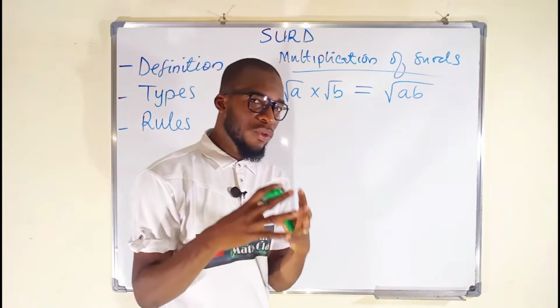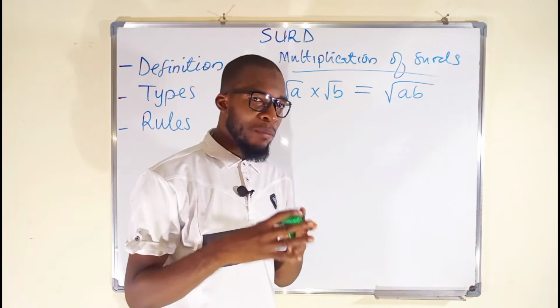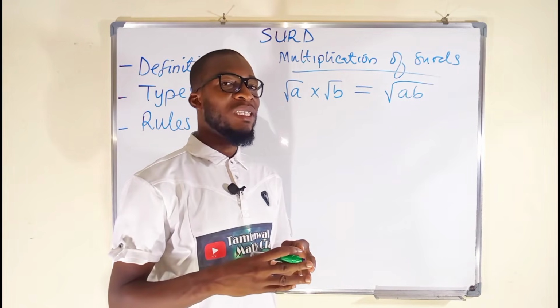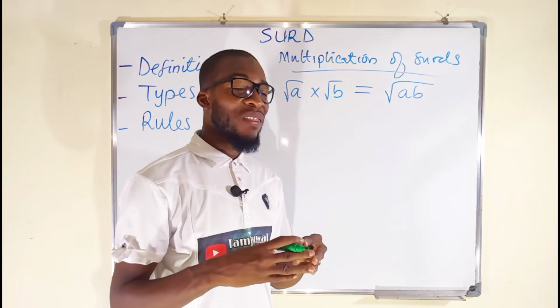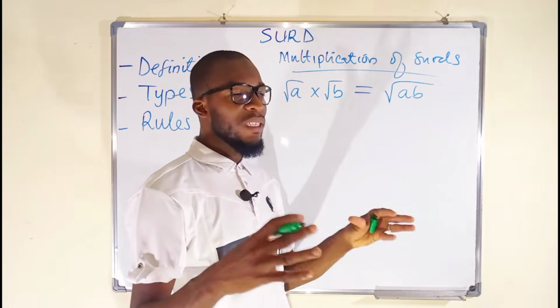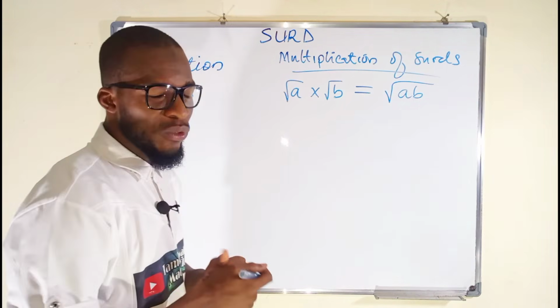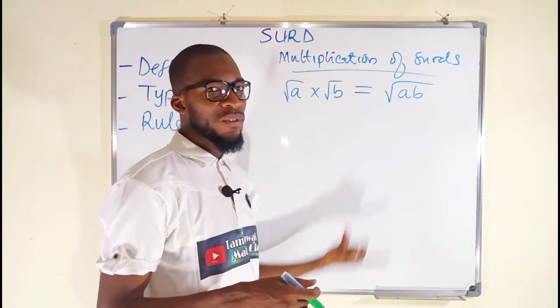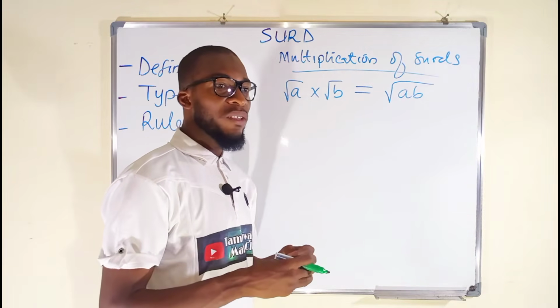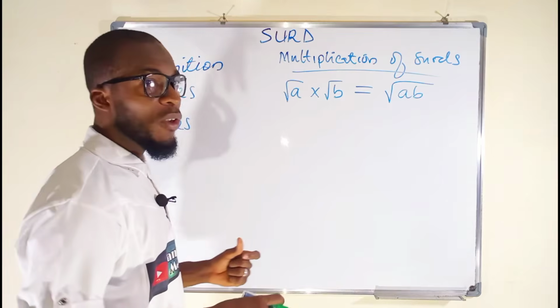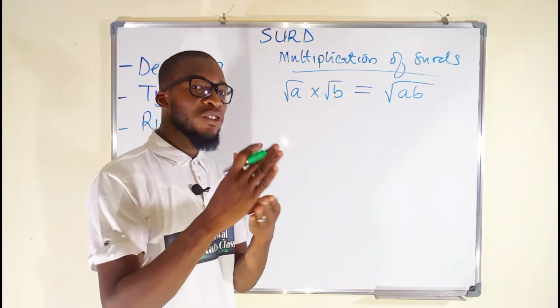You can multiply surds together, you can divide them, but you cannot add or subtract them unless they are similar. We are coming to that. Similar surds. I was even supposed to include it in types of surd. Surds are said to be similar if and only if they have a common surd.